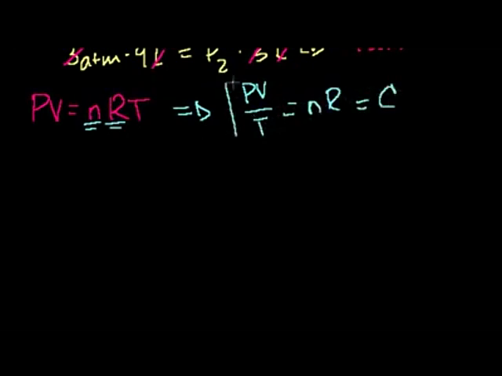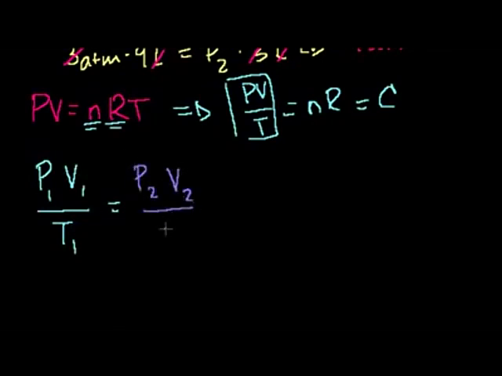This is going to be a constant number for any system where we're not changing the number of molecules in the container. So if initially we start with pressure 1, volume 1, and temperature 1, that's equal to this constant. If we change any of them to pressure 2, volume 2, temperature 2, they should still be equal to this constant. So they equal each other.